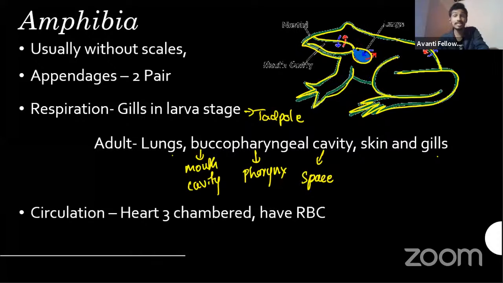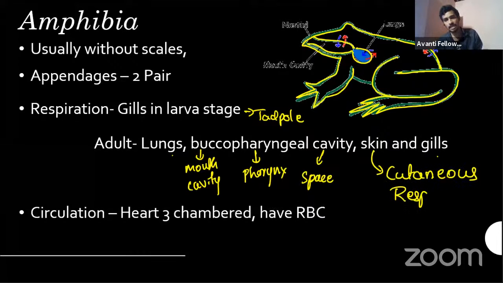So these are the things they use with different terms. The respiration through the lungs is very high. The buccopharyngeal cavity is low. But the respiration through the skin is very less. The respiration of skin is also called cutaneous respiration.